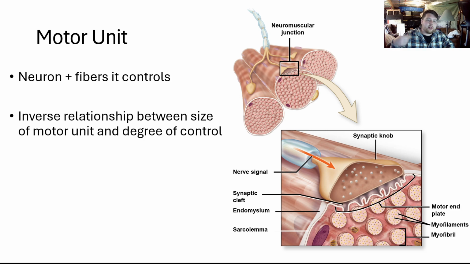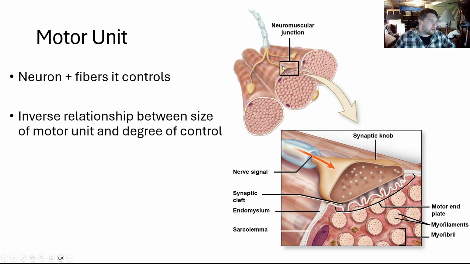There's a lot of nerves innervating smaller amounts of muscle fibers in our fingers so that we can get those very fine movements, compared to something like, let's say, the quadriceps, which in reality don't have a lot of jobs other than that gross overall movement of walking. So those tend to have larger motor units without a ton of very specific control.